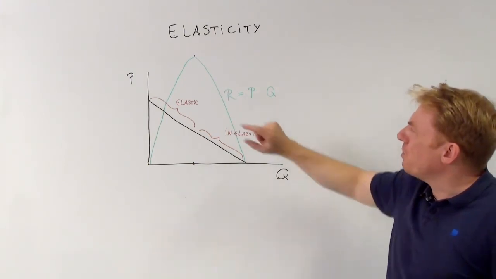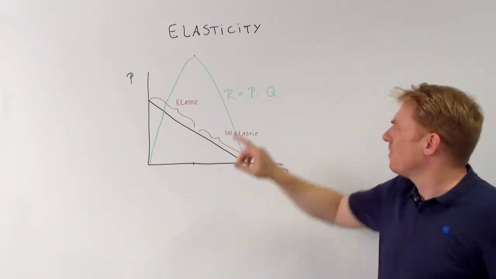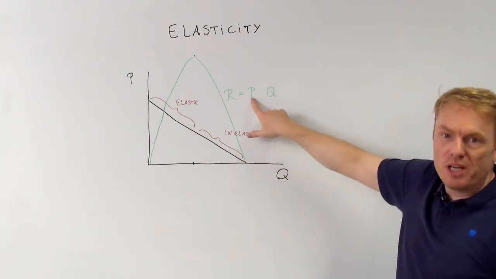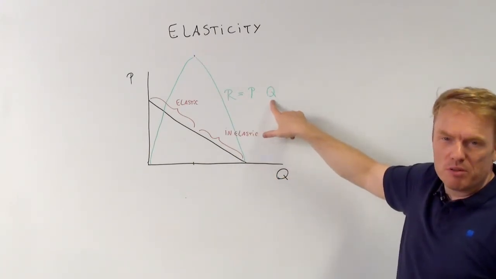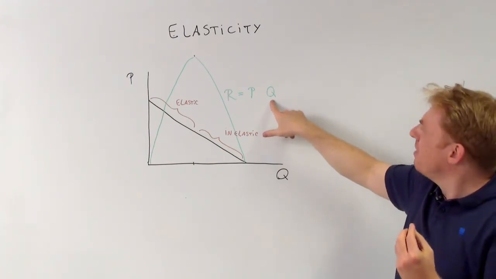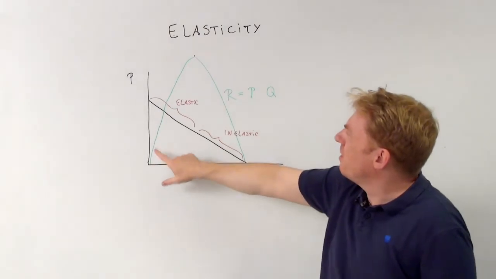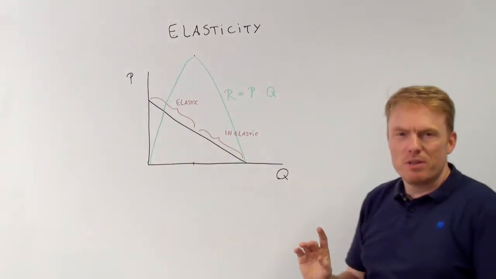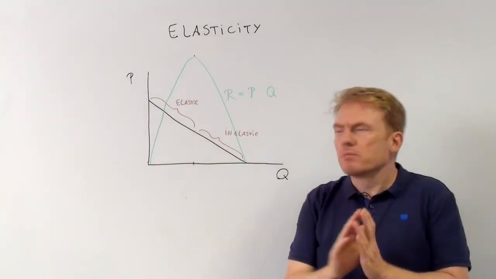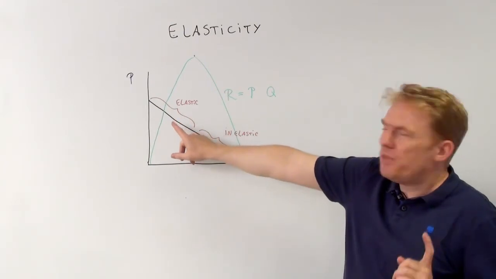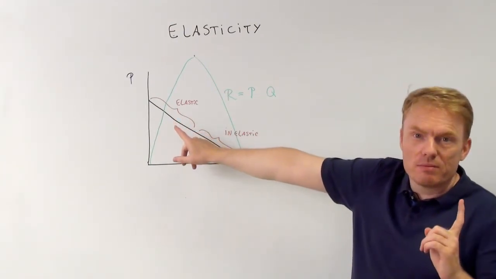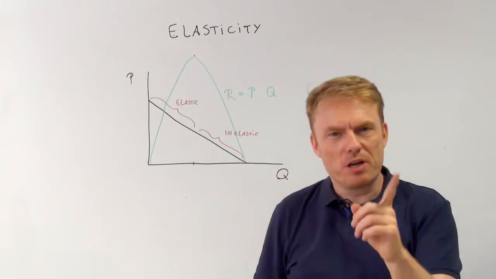So all in all, revenue rises. The price goes down, the quantity goes up. So all in all, revenue rises. That's why the green line rises if and only if the demand function is elastic. That's very important to understand.